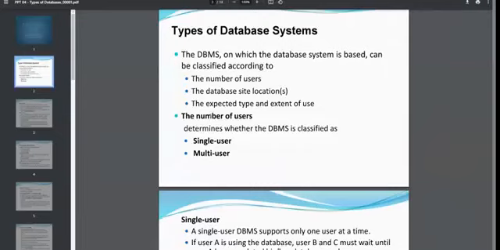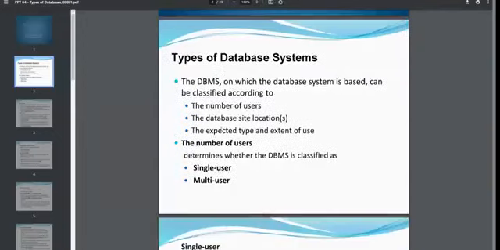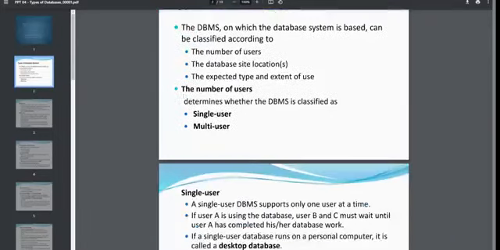Here, the types of database systems. Read and understand. As I said previously, there are different ways you can categorize database systems: according to the number of users, database site locations, and expected type and extent of use. One way is according to users.